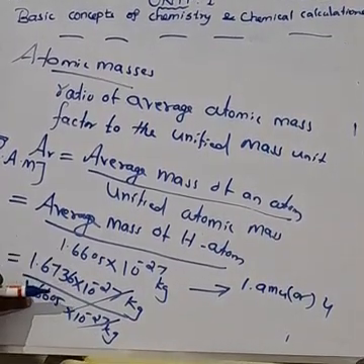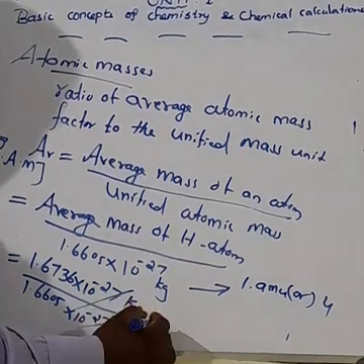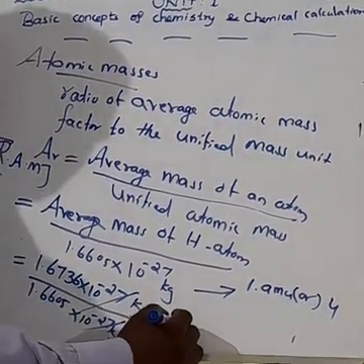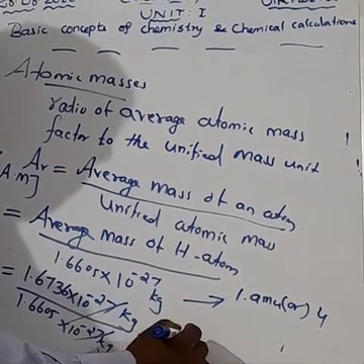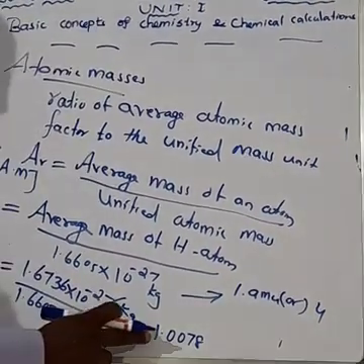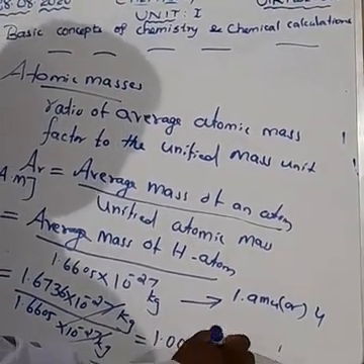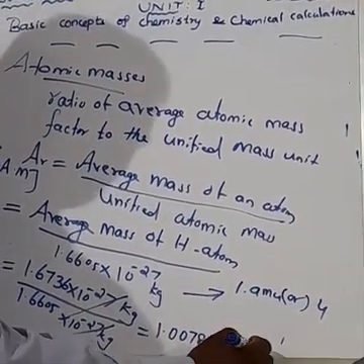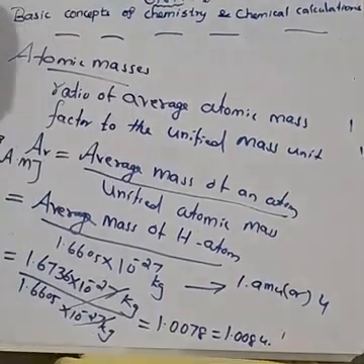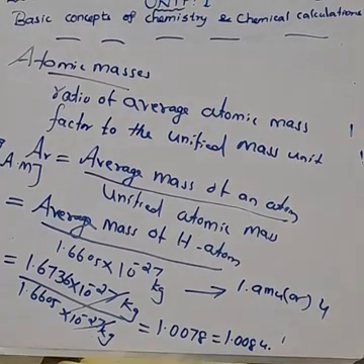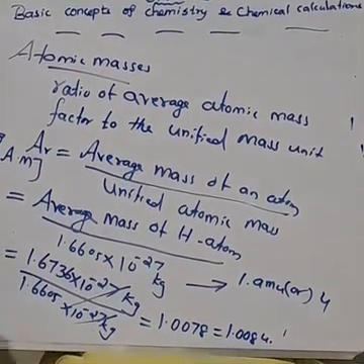Dividing by this factor, we get approximately 1.0078. This is approximately 1.008 u. What is u? Unified atomic mass. This value you should learn.